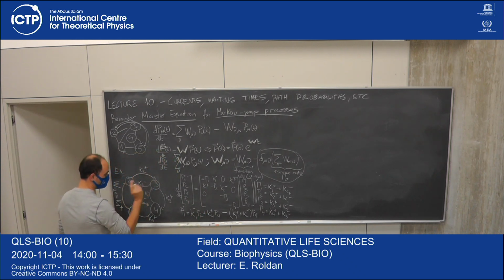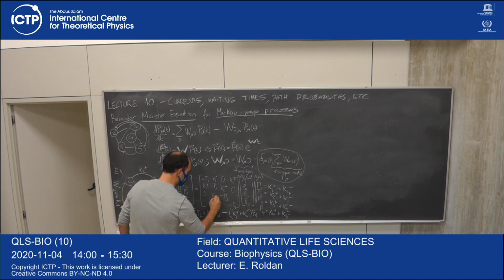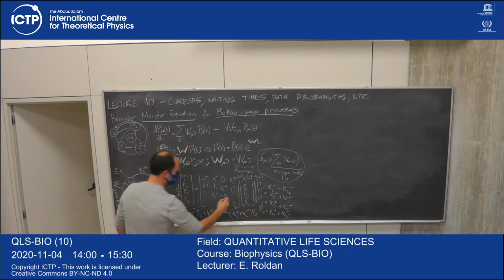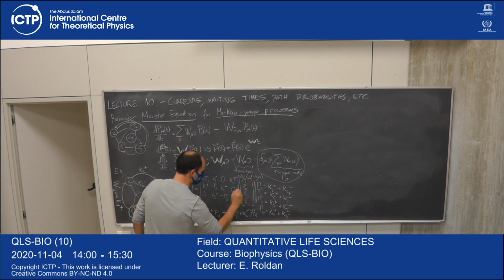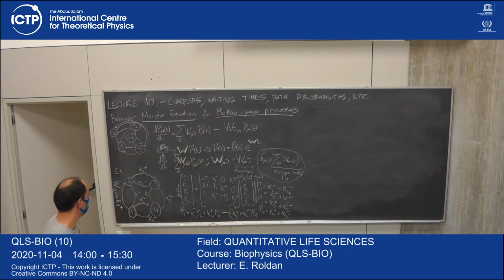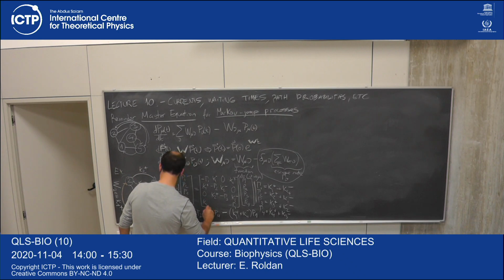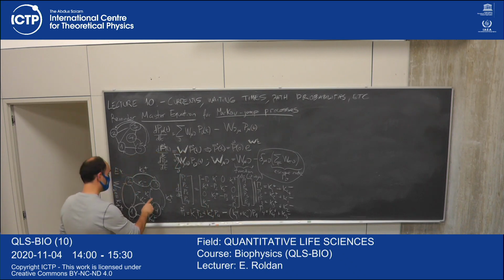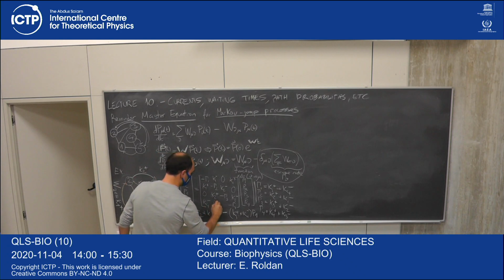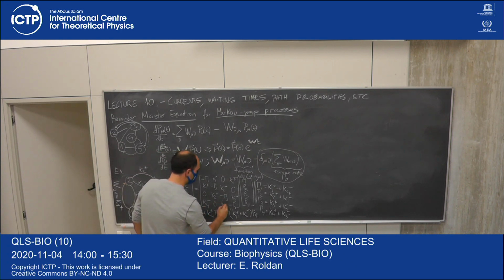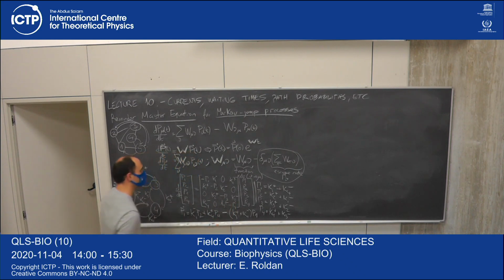From 2, I can go with K2 plus. And from 4, I can go with K3 minus. Okay. And last, 4, I can go from 1 with K4 minus. From 2, I cannot go. And from 3, I go with K3 plus. Right? So this is it.